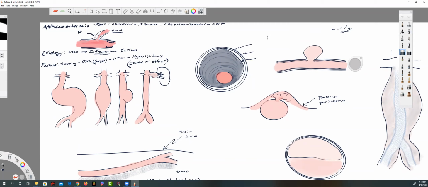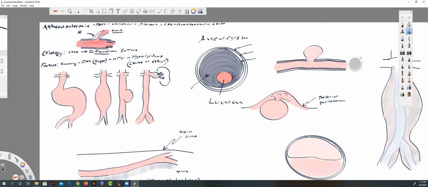The real aneurysm, just plain old aneurysm. So what I've drawn here, by the way, guys, is a residual lumen.